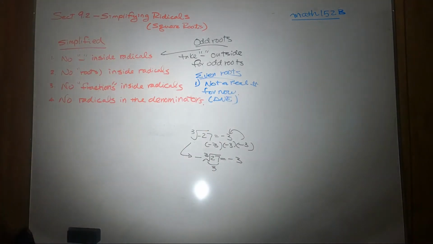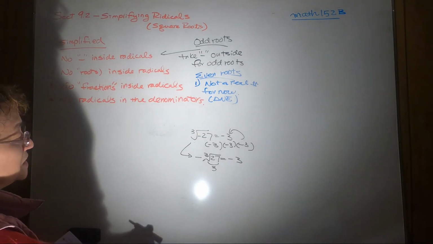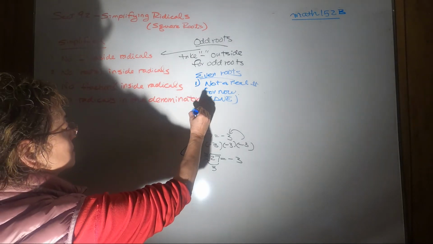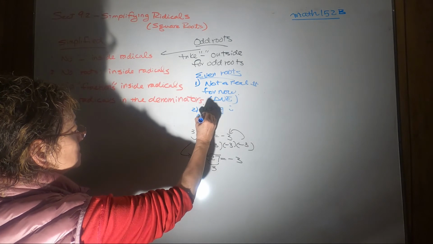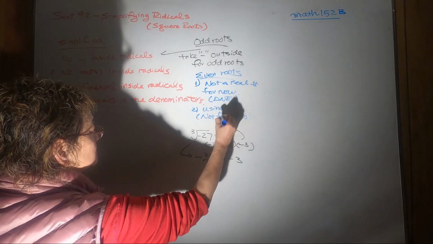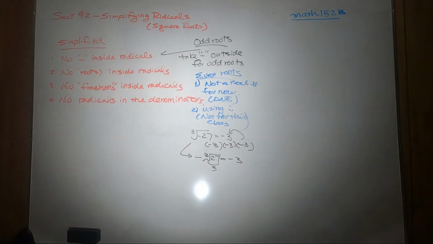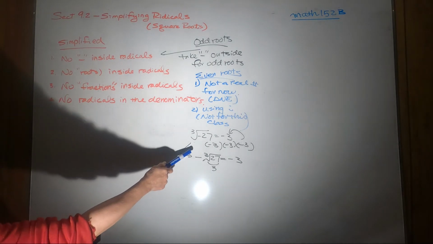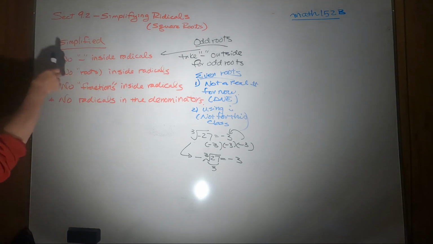We just do it that way. Another option is using an imaginary number, using i, but not for this class. So if it's an odd root, you can just take the negative outside to simplify.